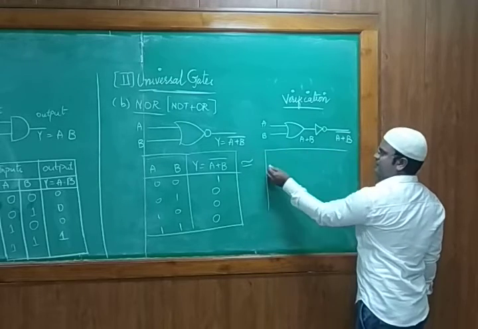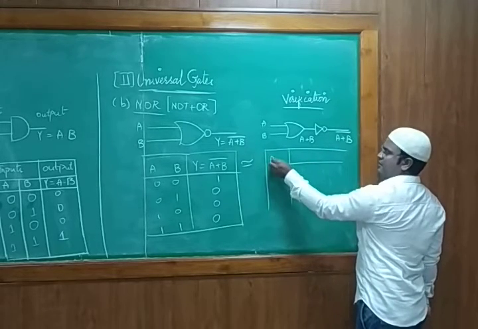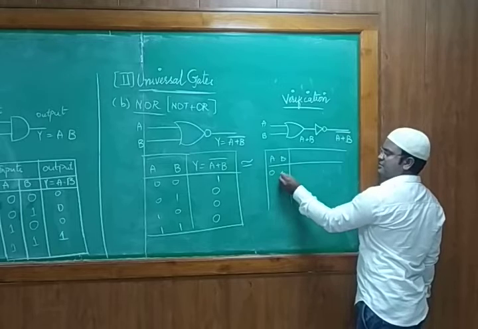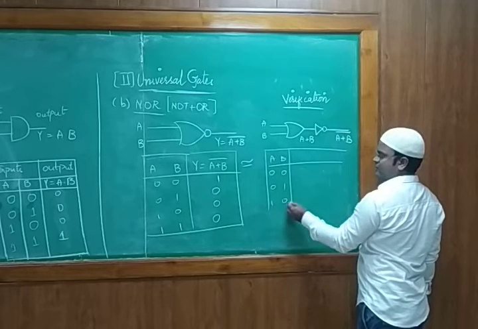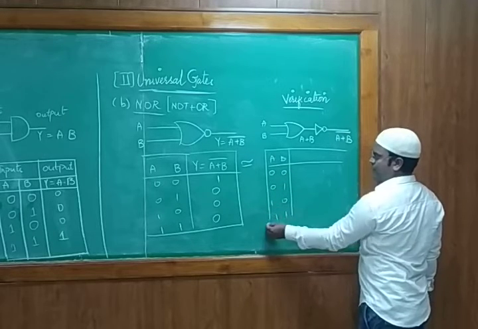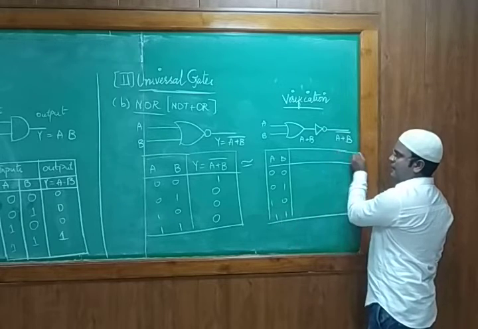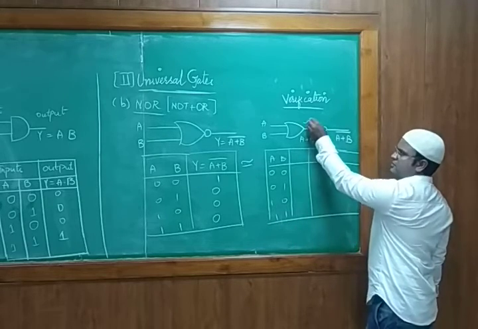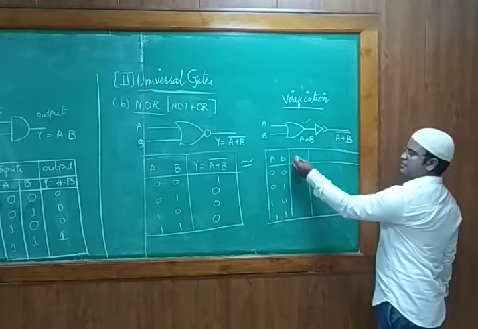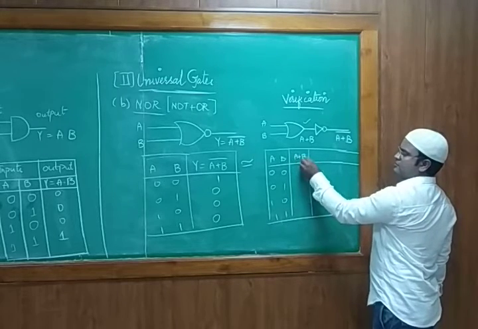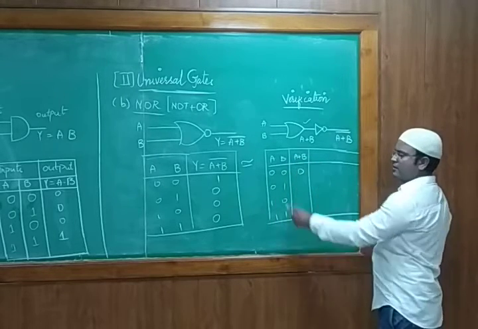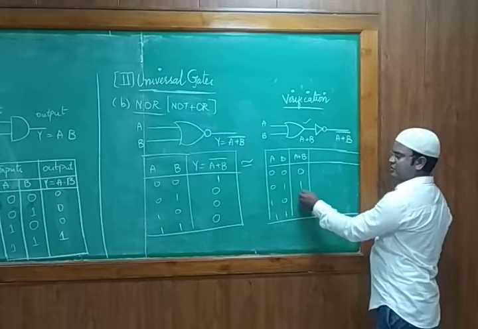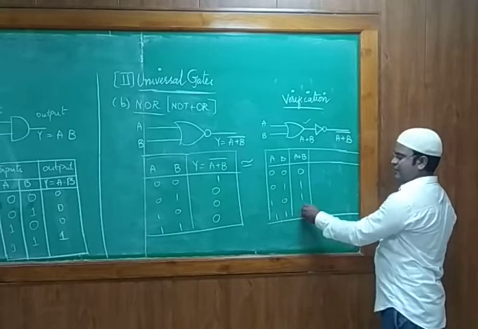I'll take two inputs A, B, with the combinations 0 0, 0 1, 1 0 and 1 1. The first stage is A plus B. So 0 plus 0 is 0, 0 plus 1 is 1, 1 plus 0 is 1, again 1 plus 1 is 1.